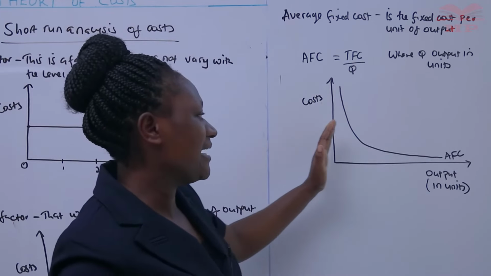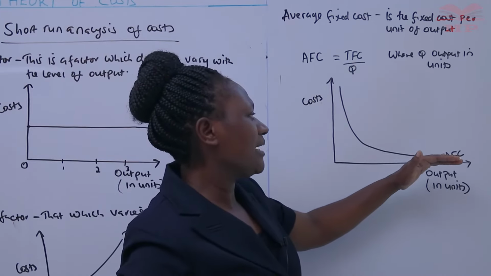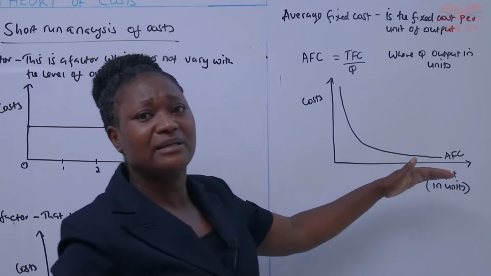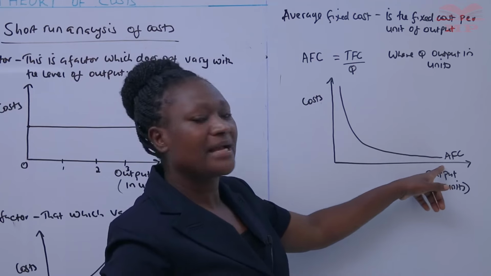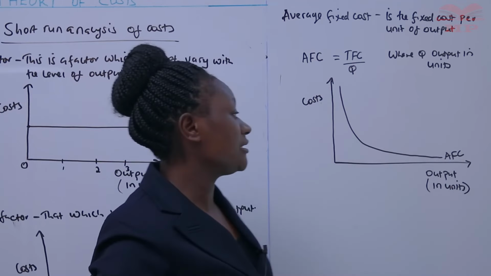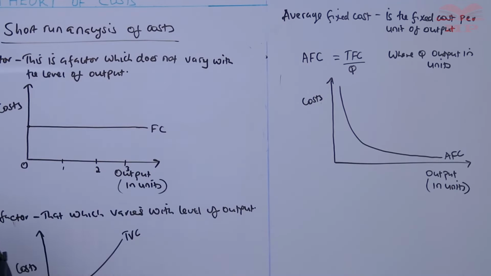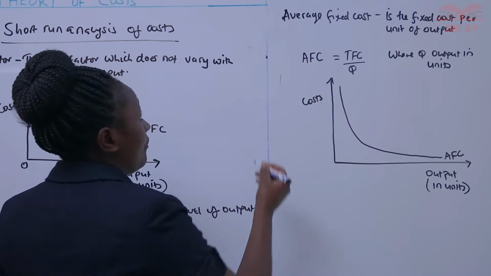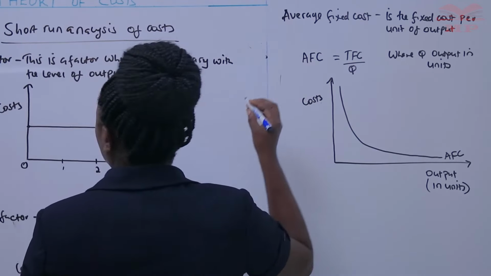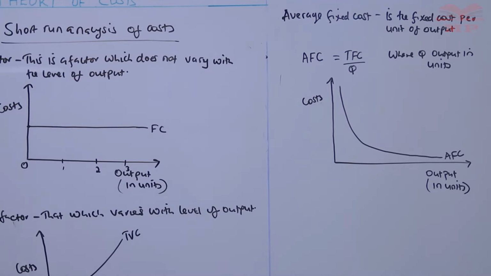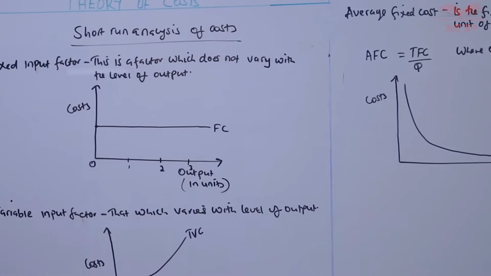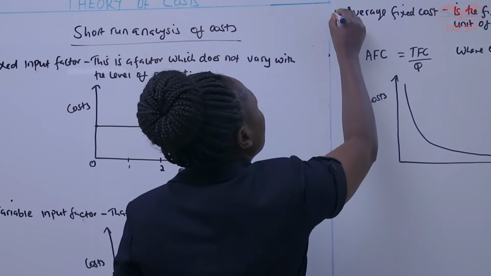So we say it is asymptotic. Asymptotic simply means though it is falling and it seems to be reaching the x-axis, it can never reach the x-axis. That is the average fixed cost. We also have another one; this was our number 1, number 2, number 3, and I can call this number 4.